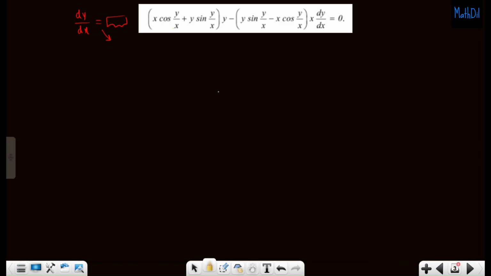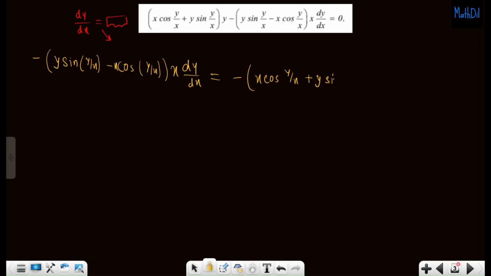So it will be minus y sin y by x minus x cos y by x, where x is my common, and it will be dy dx equal to, see, when this term moves to this side, then it will be minus x cos y by x plus y sin y by x, y common.